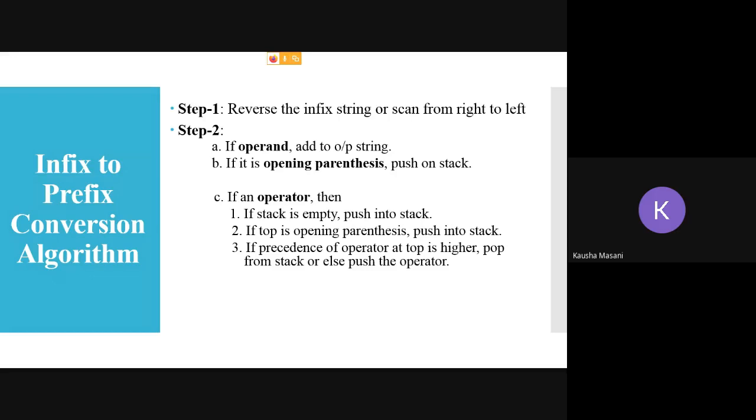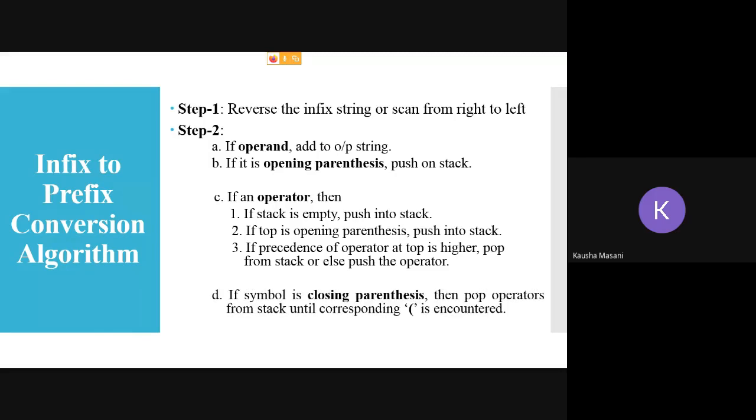Third case, if it is an operator and there is an operator present on the top of your stack, then you have to compare the precedency. Precedency of whom? Precedency of the operator at the top. If that precedency is higher or similar, then you have to pop out from the stack. If it is not, then you have to push your scanned operator. Okay?